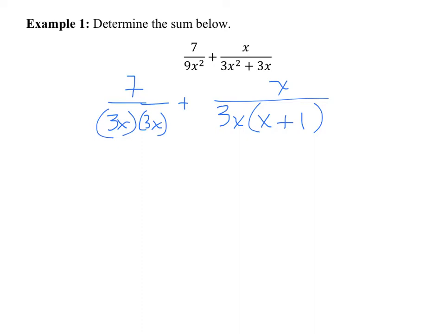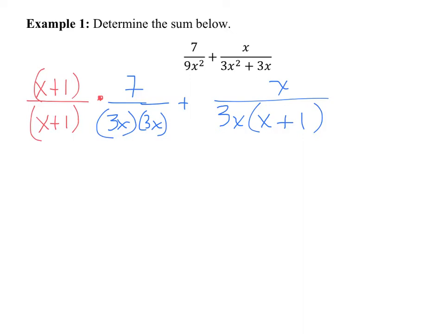Okay? So we then look at our fractions. The left fraction is missing what in its denominator that's in the other denominator? X plus 1. So this is missing x plus 1. Like I would do with numerical values, I multiply by like 5 over 5, I multiply by x plus 1 over x plus 1.